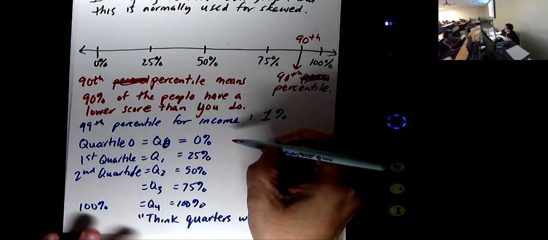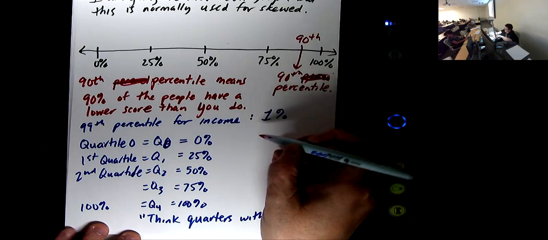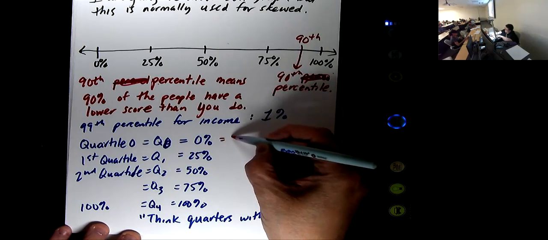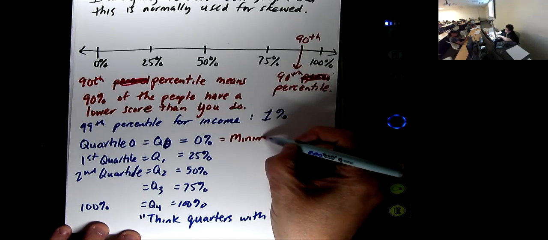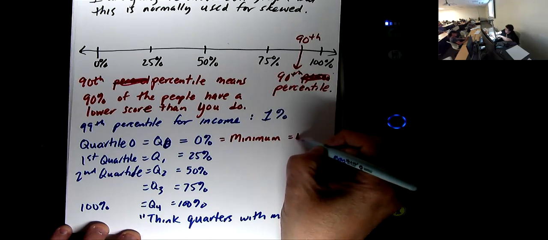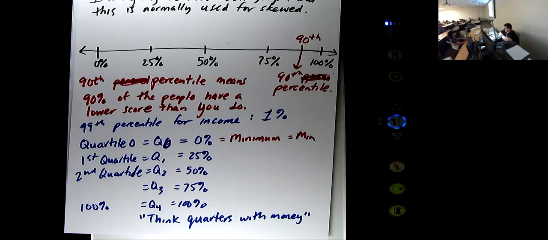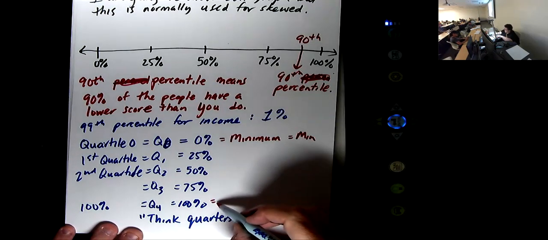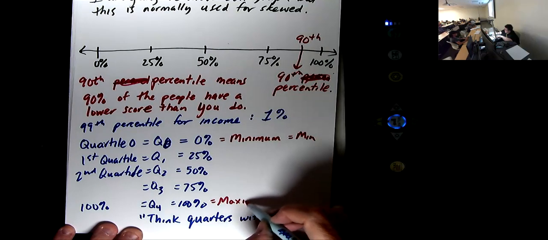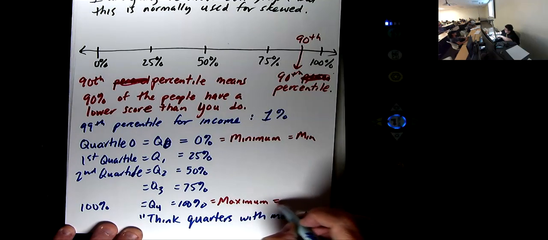0% means nobody has a lower score than you. If you have the lowest score, you have the minimum score, or min. If you're at 100%, everybody's below you. You had the maximum score, or the max.